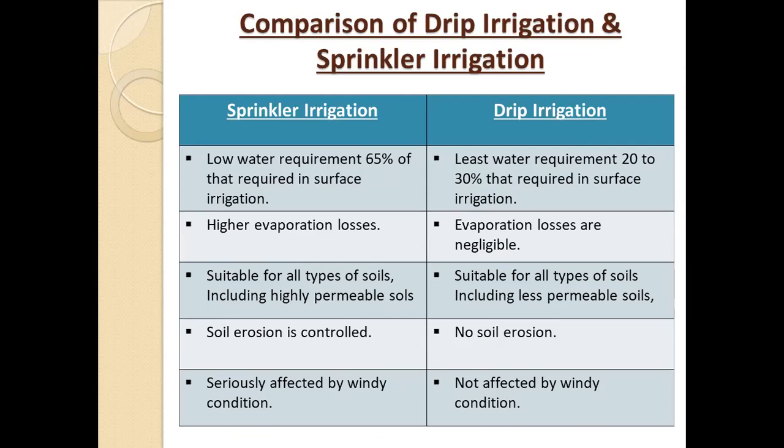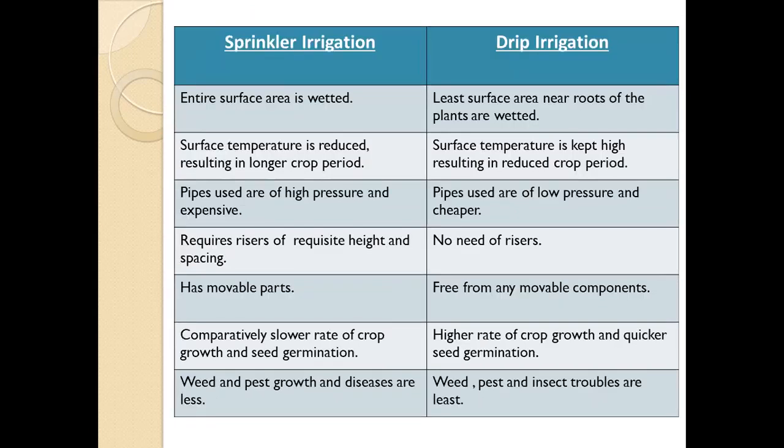Sprinkler is suitable for all types of soils, including highly permeable soils, whereas drip irrigation is suitable for all types of soils, including less permeable soil. Soil erosion is controlled in sprinkler irrigation, and there is no soil erosion in drip irrigation. Sprinkler irrigation is seriously affected by windy conditions, whereas drip irrigation is not. The entire surface area is wetted in sprinkler. The least surface area, near the roots, is wetted in drip irrigation.